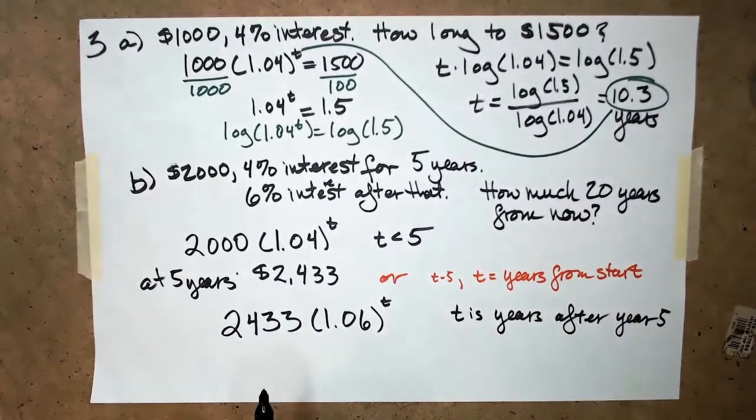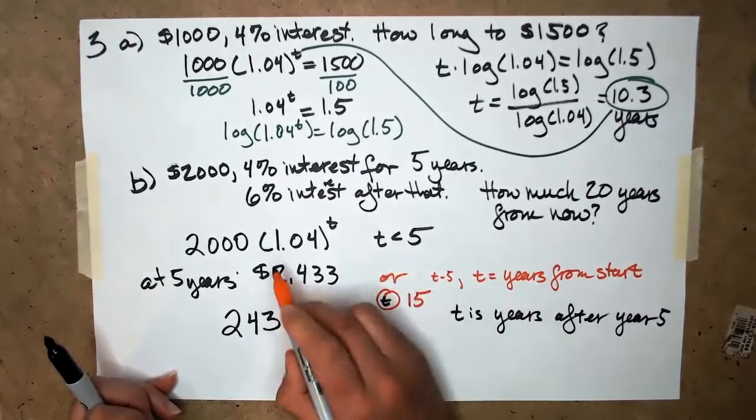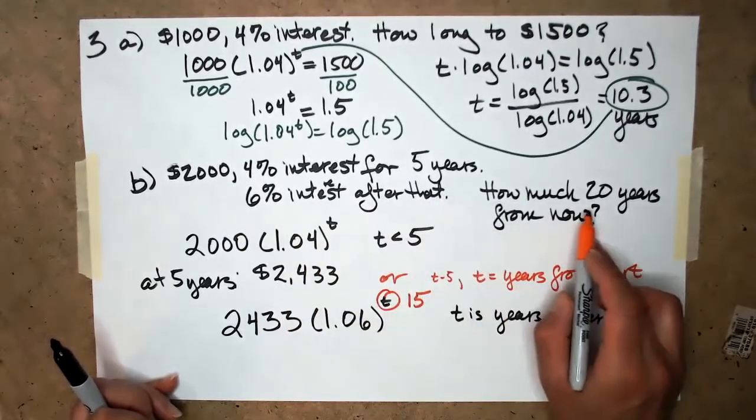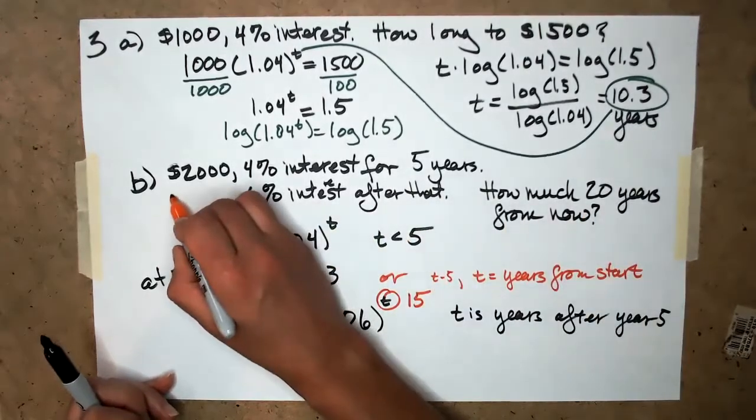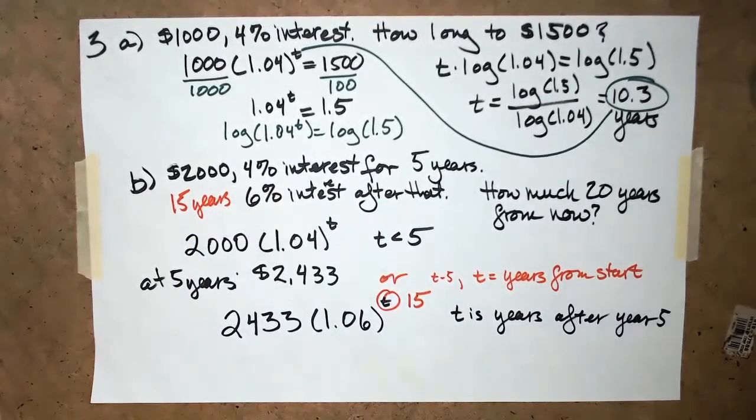In either way, I am going to be raising this to the power 15, because I have 15 years of 6% interest. So this happens for 15 years, and it doesn't really matter how you write the equation as long as that is what you are calculating.